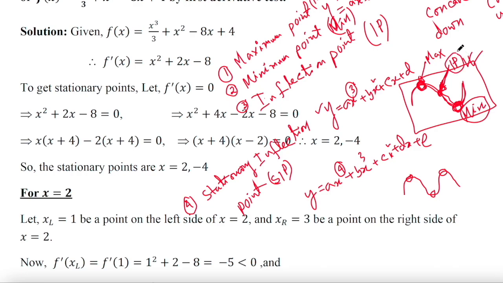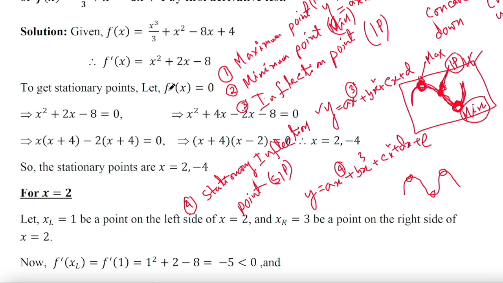So we understand maximum point where we will get maximum value of y, and minimum point where we will get minimum value of y, and at those 2 points first derivative is 0. However, at the inflection point where the curve changes concavity, first derivative is negative here, so I can say first derivative is not 0 at this point.